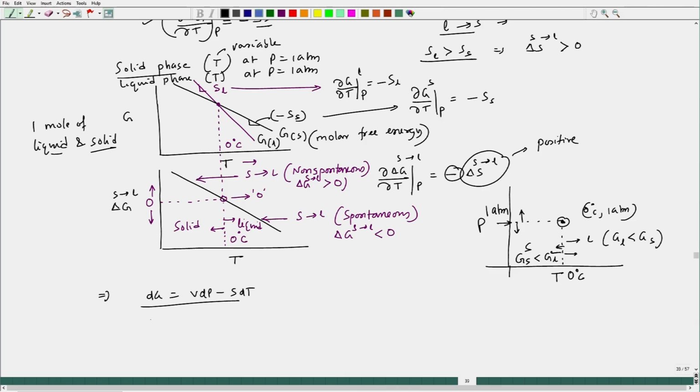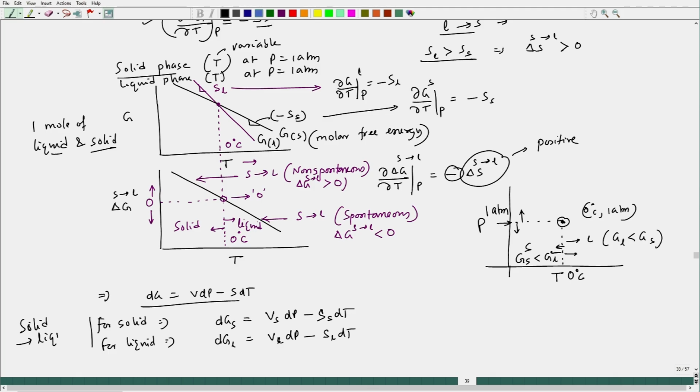Let us say if I take it for solid, then it would be delta G solid equal to V solid dP minus S solid dT. For liquid, similarly. And we are taking that it is a transformation from solid to liquid.